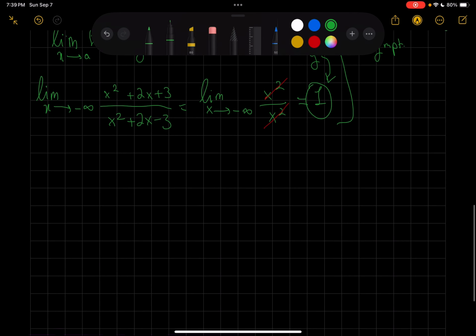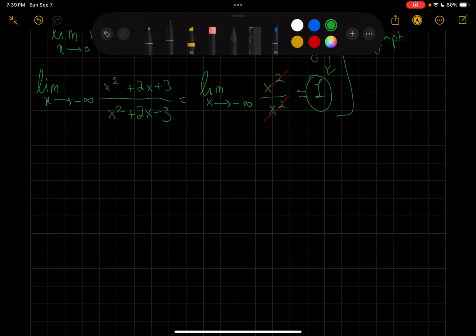Now, some frequently asked questions, FRQs. Sometimes you can have two different horizontal asymptotes. I'm going to call them HAs.